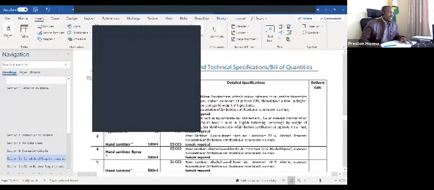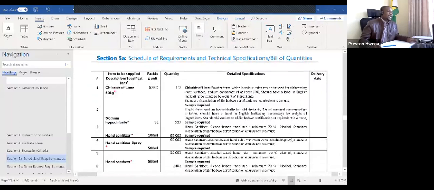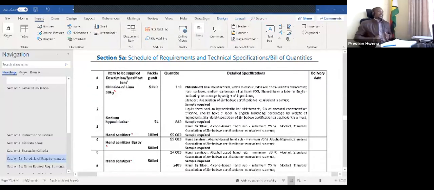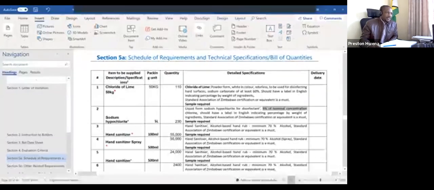Second product, we are looking at sodium hypochlorite. This is in 5 liters, and we are looking at 230 units, and these are the same detailed specifications, and we are saying minimum 5% nominal concentration.